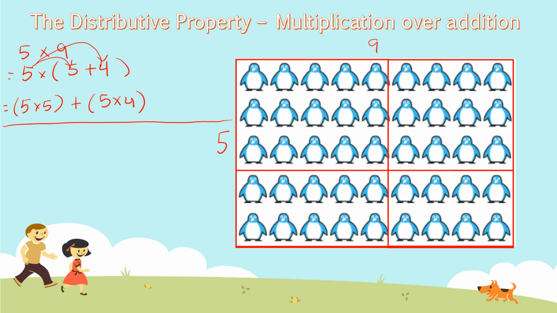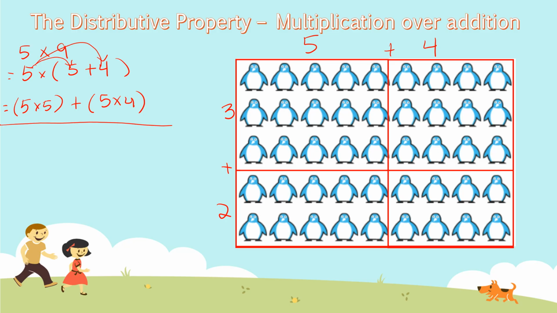Now we see that there are 4 rectangles, right? So instead of having this 5 right here, the 5 is being split into a 3 and a 2, and then the 9 is being split into a 5 and a 4.